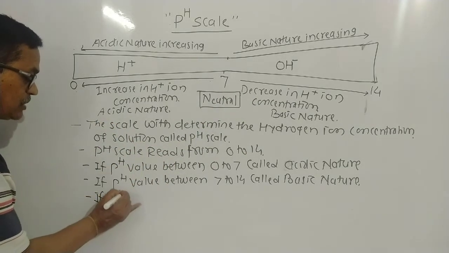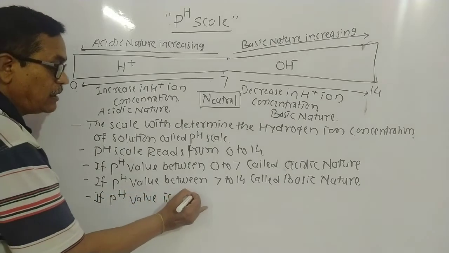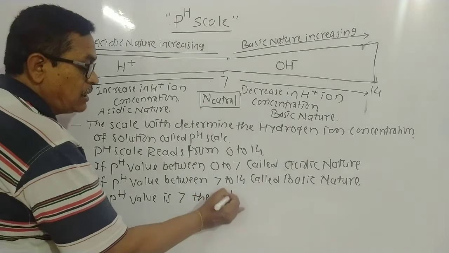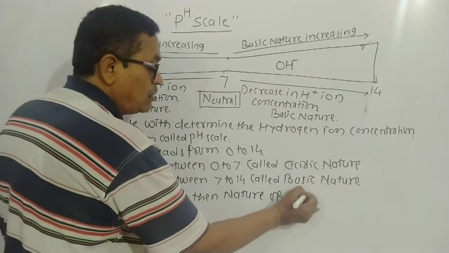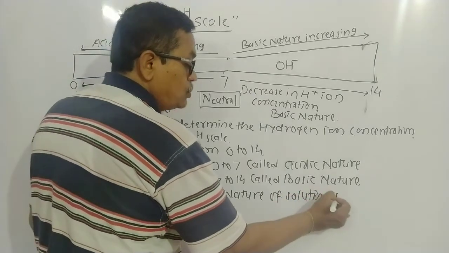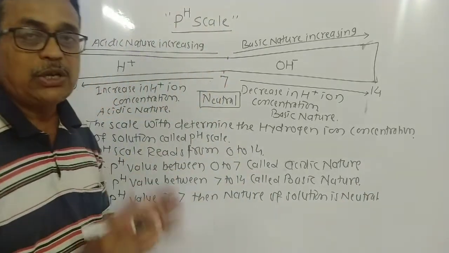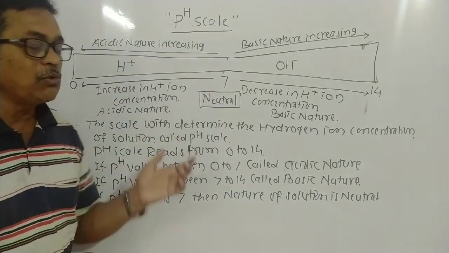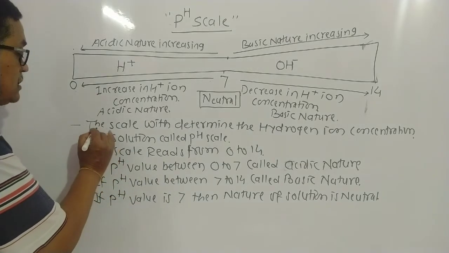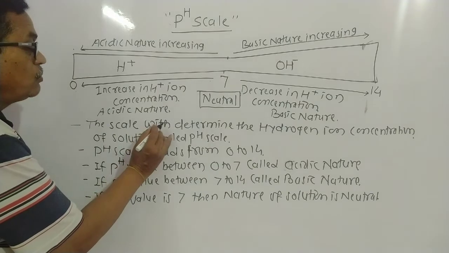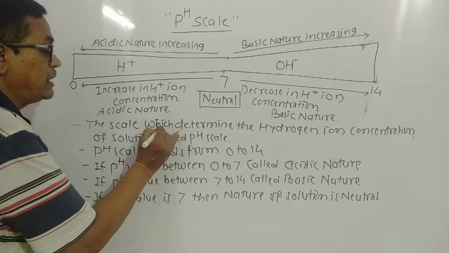Again we study: the scale which determines the hydrogen ion concentration of a solution is the pH scale. The pH scale reads from 0 to 14; it starts from 0 and ends at 14. If the pH value is between 0 to 7, it is called acidic nature.